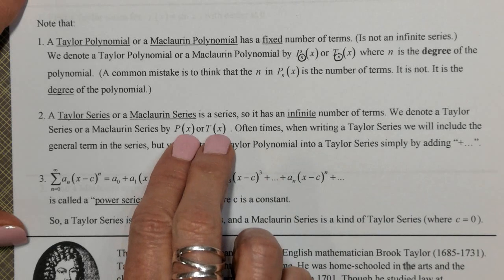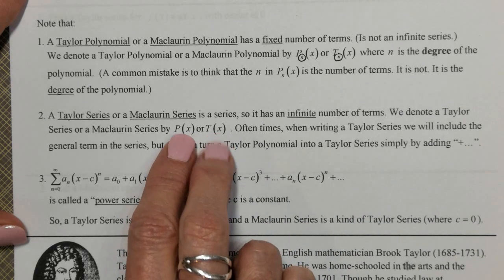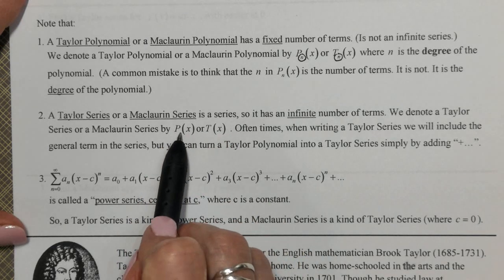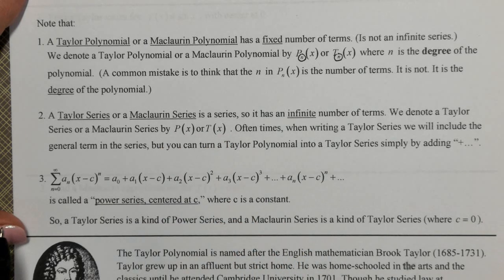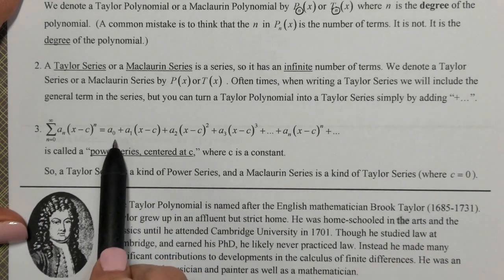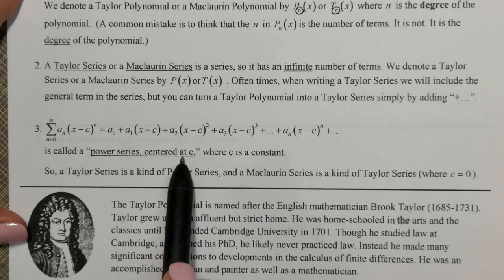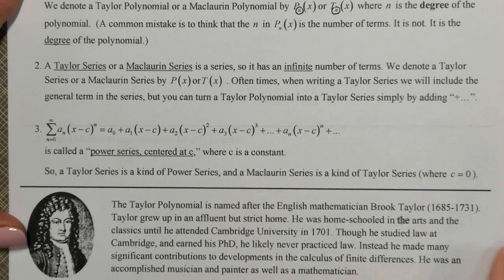And lots of times you might see it denoted by P or T without a subscript. And as I talked about yesterday, this is the form of a power series centered at c. So a Taylor series is a kind of power series. A Maclaurin series is a kind of Taylor series, so it's also a power series.